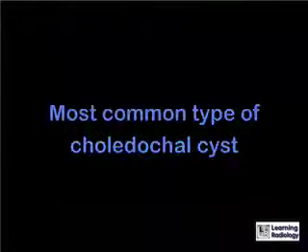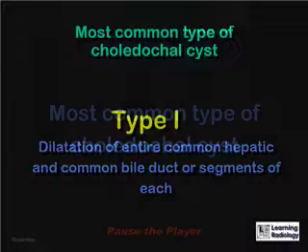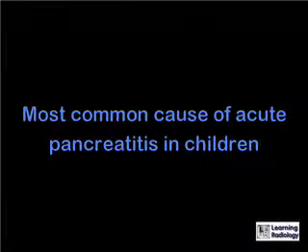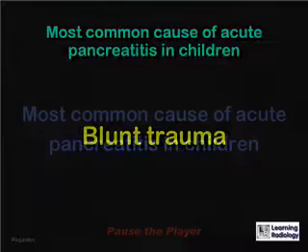What is the most common type of choledochal cyst? A type 1, dilatation of the entire common hepatic and common bile duct or segments of each. What is the most common cause of acute pancreatitis in children? Blunt trauma.